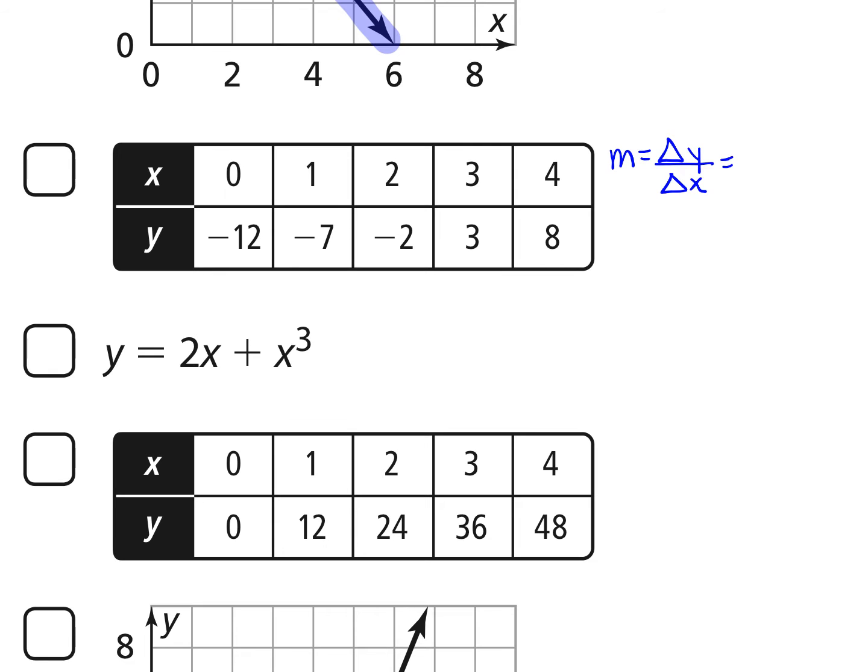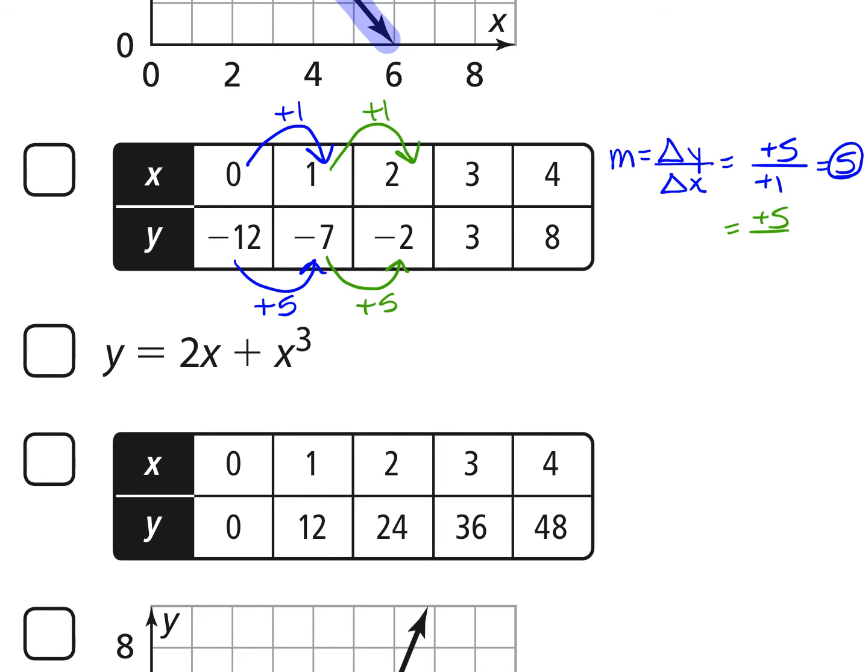So we'll start with this change of y. From negative 12 to negative 7, it increases 5. And from 0 to 1, the x increases 1. It gives a slope of 5. From negative 7 to negative 2, it increases 5. From 1 to 2, the x increases 1.